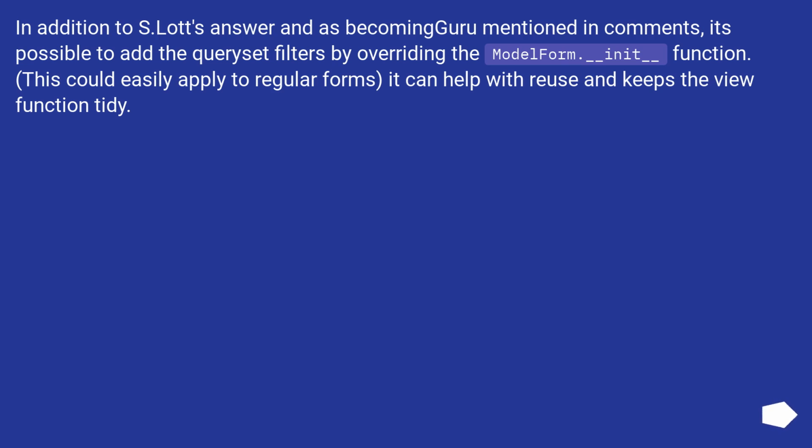In addition to S.Lott's answer and as becomingGuru mentioned in comments, it's possible to add the QuerySet filters by overriding the ModelForm.__init__ function. This could easily apply to regular forms. It can help with reuse and keeps the view function tidy.